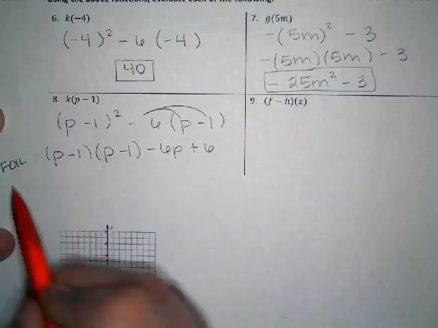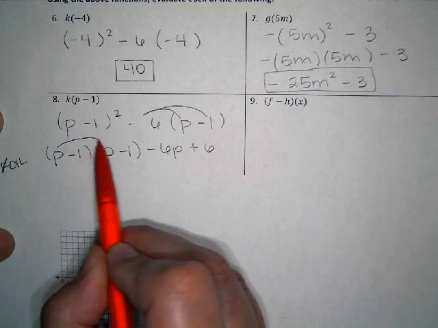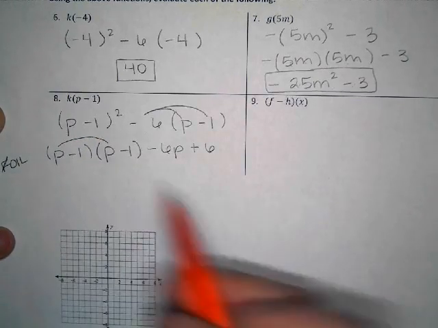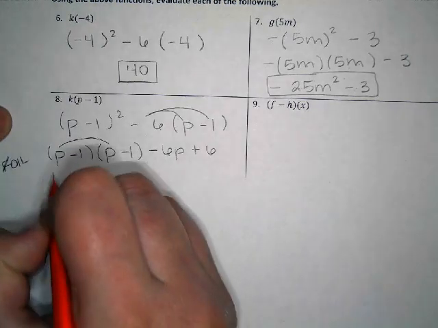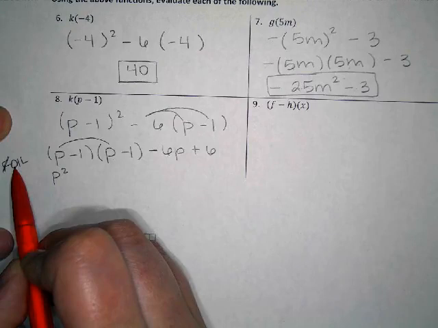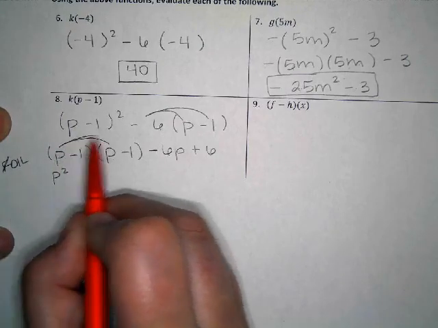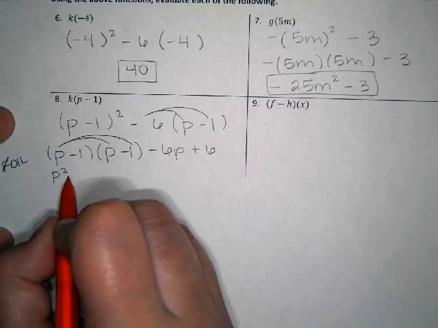Okay, so first. So first was p times p, which is p squared, okay. And then we got O for the outsides. So p times negative 1, which is negative p, okay.